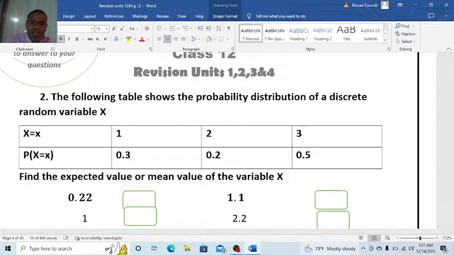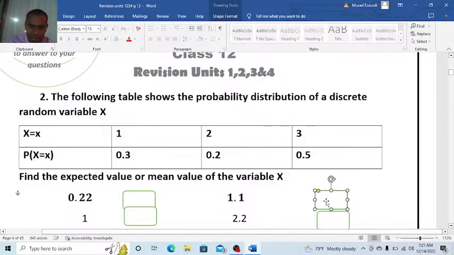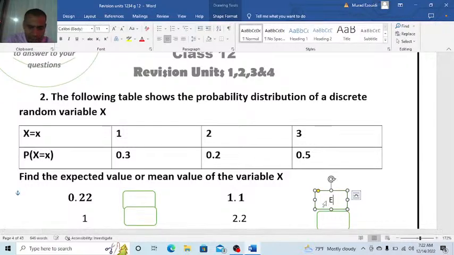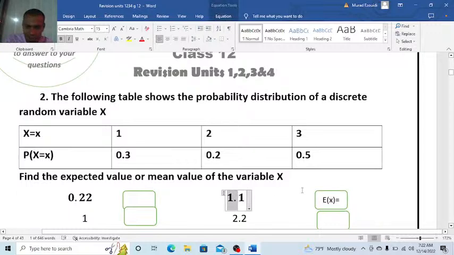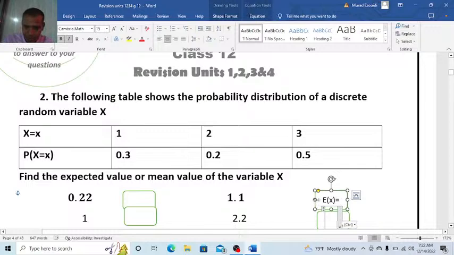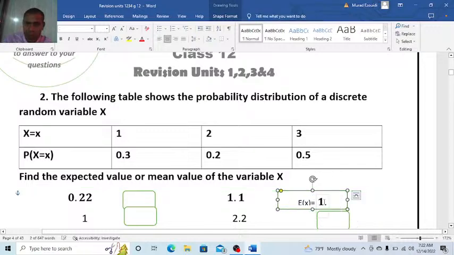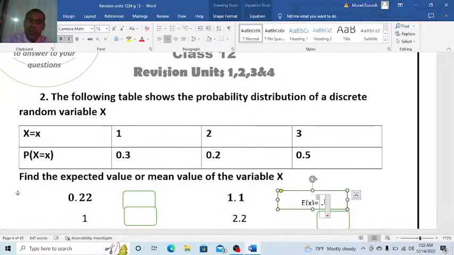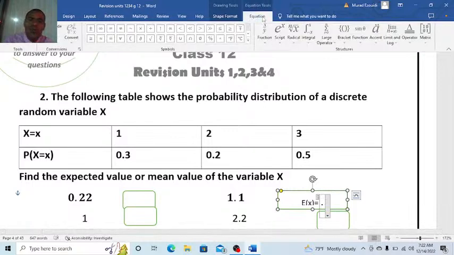Therefore, to find the expectation value is in fact equal to, I'll just write E(x), between parentheses x, which is equal to, I will insert an equation, which is equal to mu.